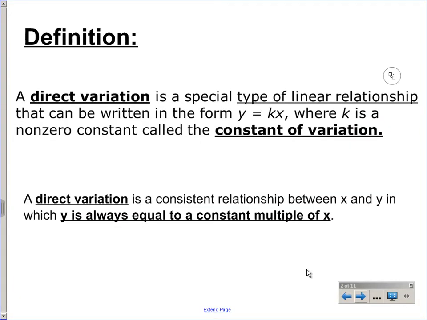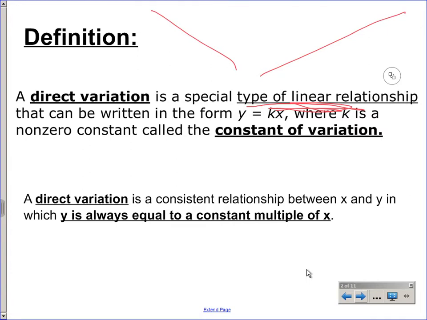The true definition of a direct variation is a special type of linear equation, so we're thinking about a line, which could have a negative slope, either way. It can be written in the form y equals kx, where k is the non-zero constant called the constant of variation.